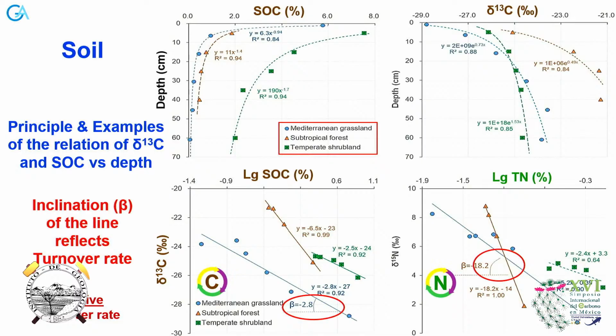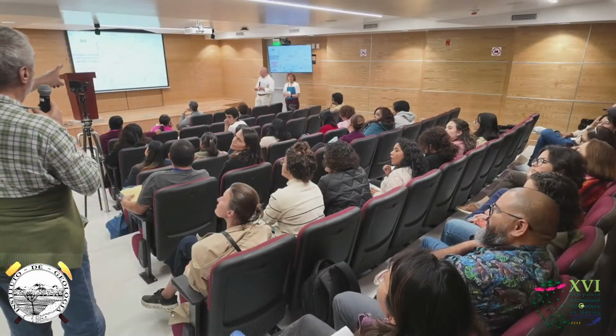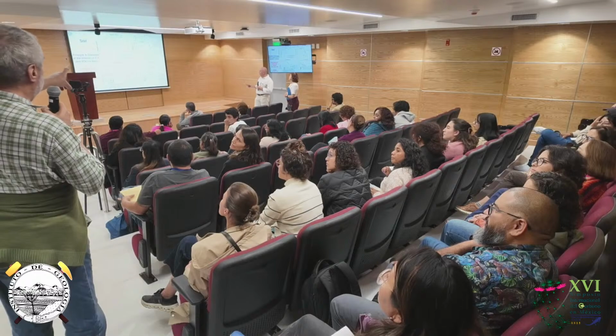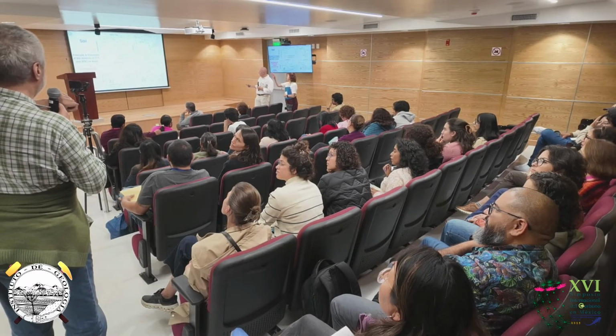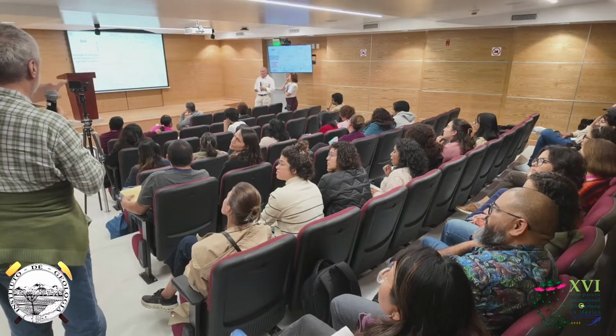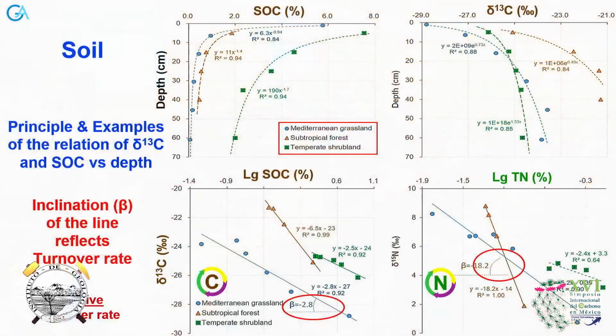For them, this is direct evidence of change of plant cover from the earlier, much heavier, ancient values, which are preserved in depth, to the recent, much lighter values, which correspond to present-day tropical rainforest vegetation.